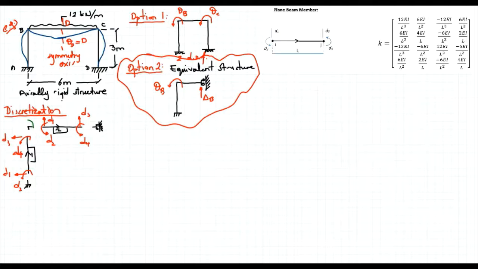Now let's also show the global degrees of freedom that belong to the whole structure. We have a rotational degree of freedom here, let's call it uppercase D1, and a translational degree of freedom, that's uppercase D2. So in order to analyze that structure, I got two members where I will get their stiffness contributions, and I have 2 degrees of freedom.